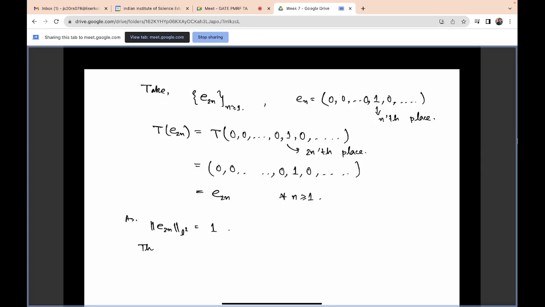Therefore E2n is a bounded sequence in L2.